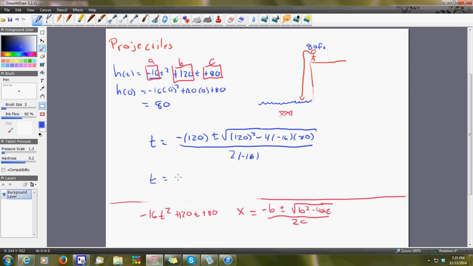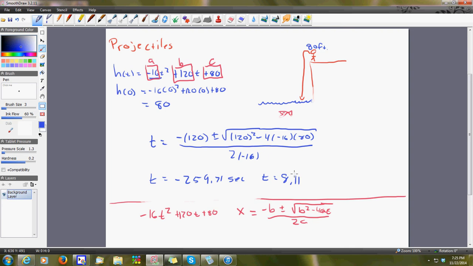You're going to get two answers. The first one's going to say t equals negative 259.71 seconds, and that's clearly no good because you can't have negative time. And the second one is going to be t equals 8.116 seconds.